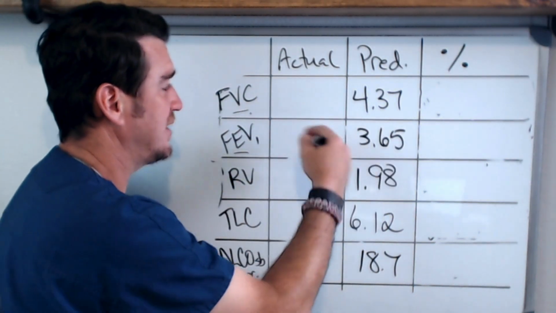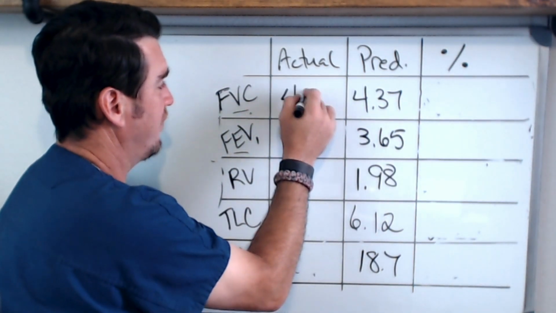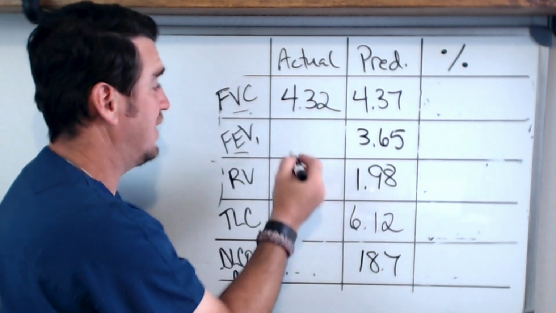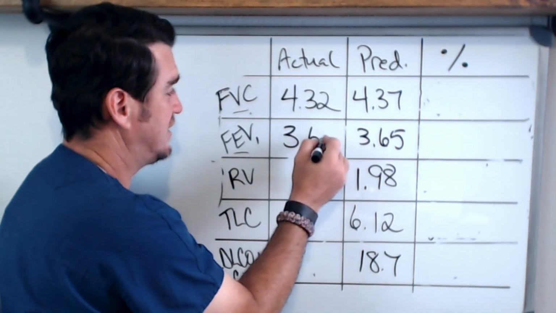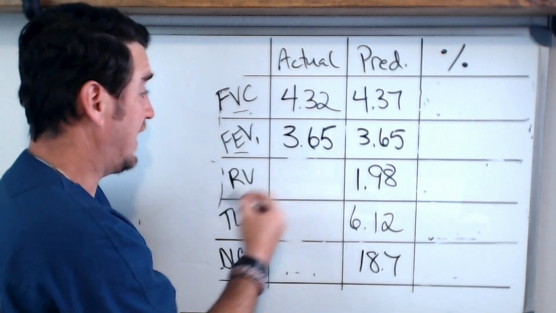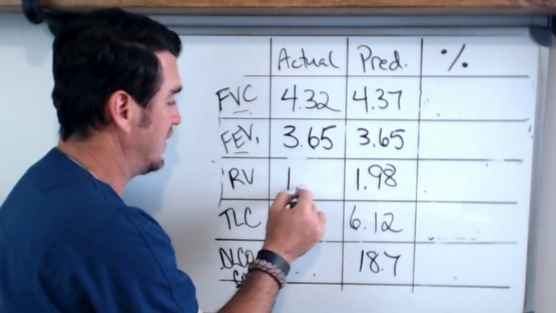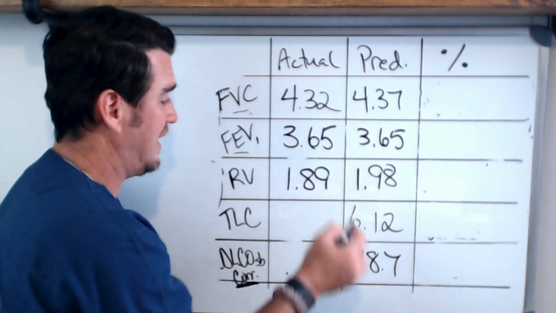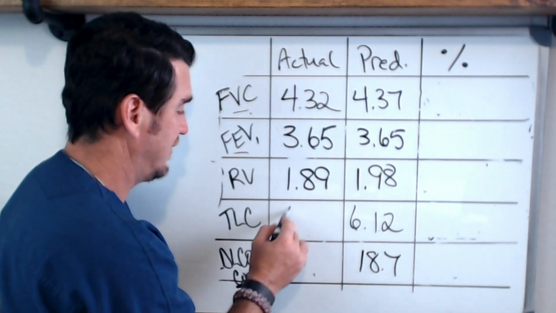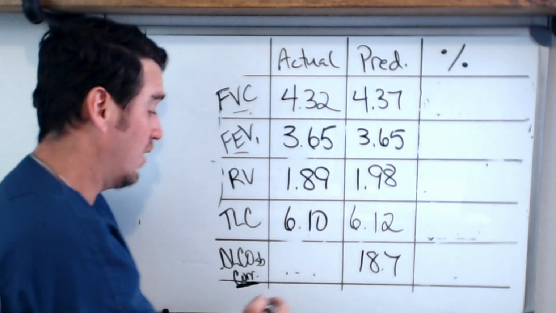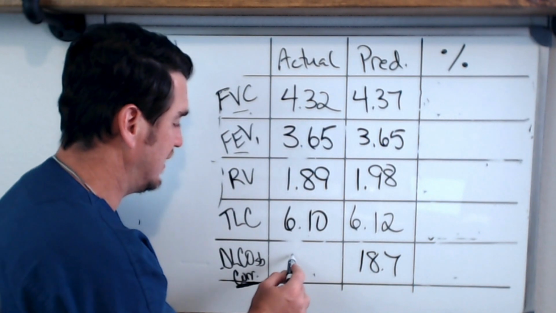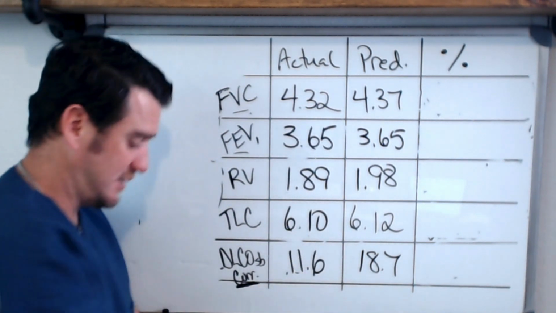So let's say that the person has an FVC of 4.32 and they have an FEV1 of 3.65 and they have an RV of 1.89 and a total lung capacity of 6.10, but their DLCO is 11.6.